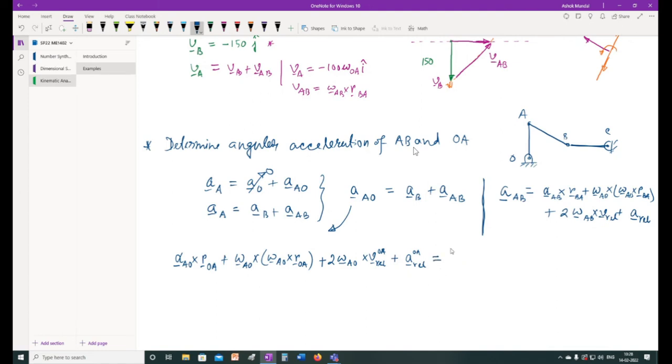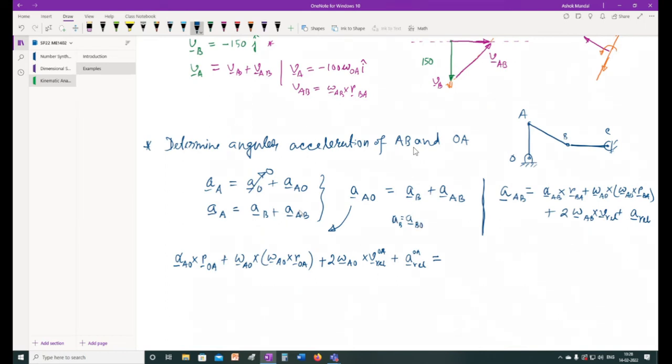Now on the right hand side we have the acceleration of B. As I said, the acceleration of B can also be written as the acceleration of B with respect to O, right?